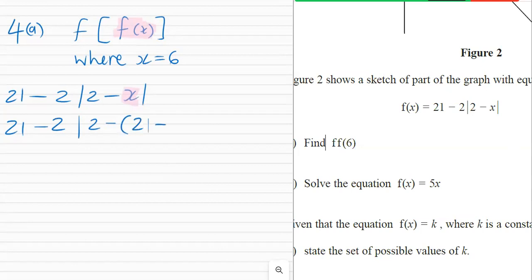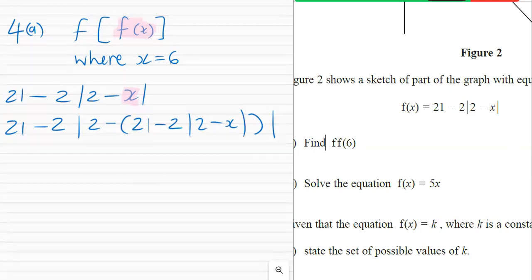So 21 minus 2, modulus of 2 minus x. And that modulus of 2 minus x was in a bracket. Close the bracket and then close the second modulus behind the bracket. So there are 2 moduluses because it's a function inside a function.